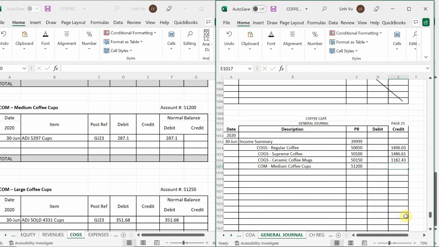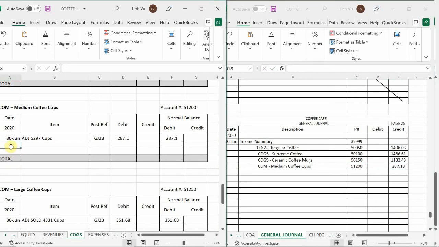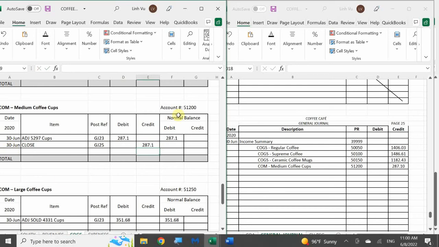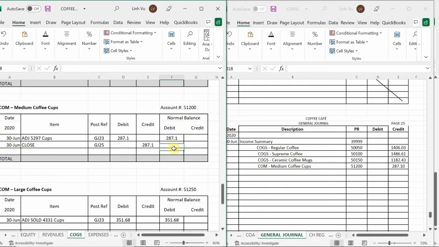And has a credit balance of $287.10. $287.10, and that should give you an account balance of 0.